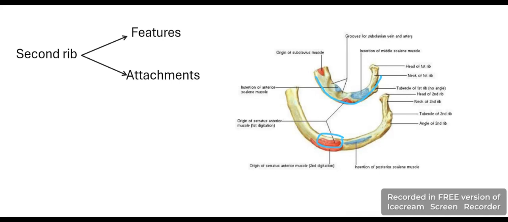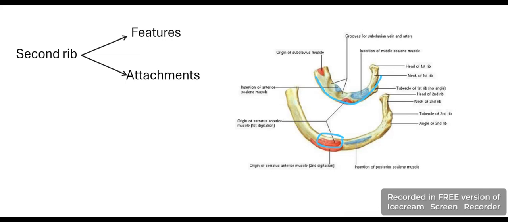You should keep all the important things which are unique in the ribs, so it won't be difficult to identify. The inner surface of the shaft is smooth and concave as usual, as for the first rib also. It faces more downward than inward. Obviously, if the outer surface of the shaft is facing more upward than outward, then the inner surface would face more downward than inward.